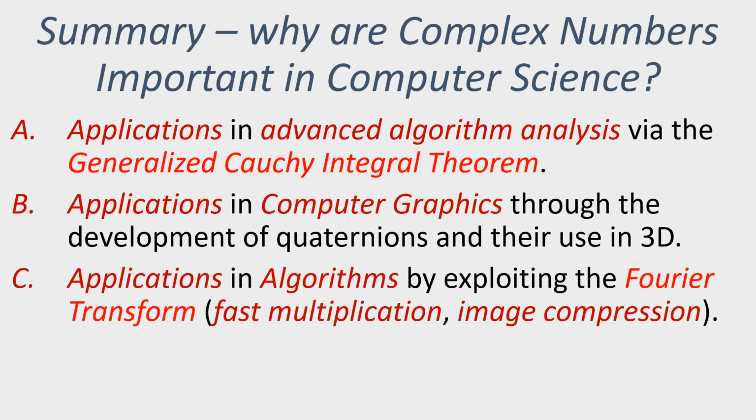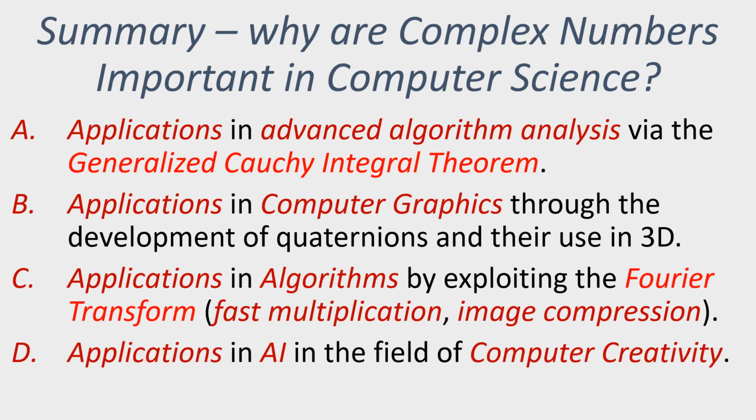They have applications in algorithmics by exploiting the form of the Fourier transform, which leads to fast multiplication algorithms, and it also provides a method of carrying out image compression. Finally, they have applications in artificial intelligence in the area of computer creativity.